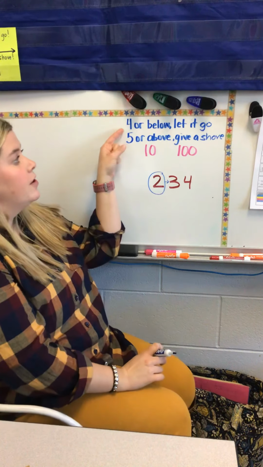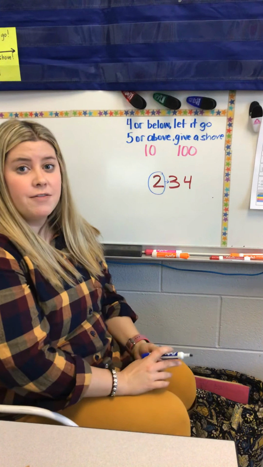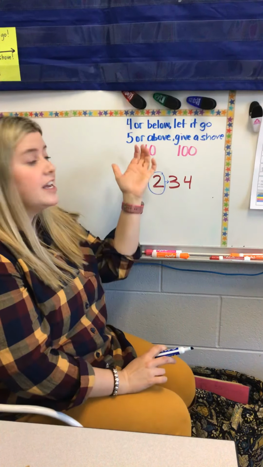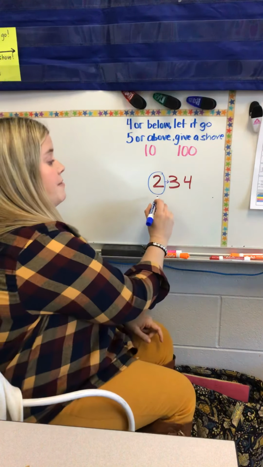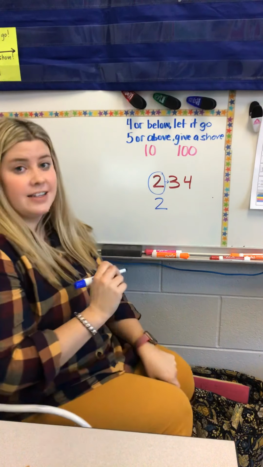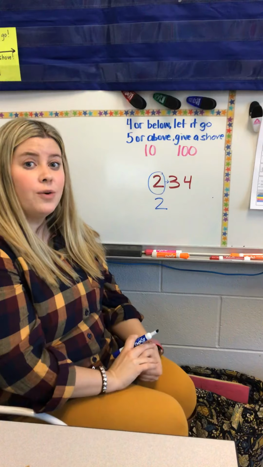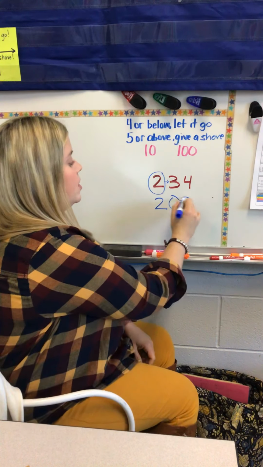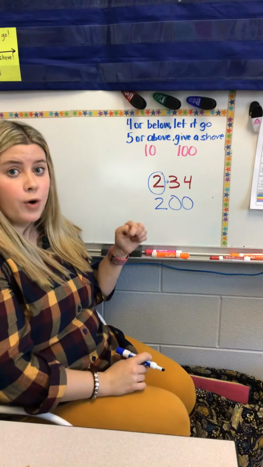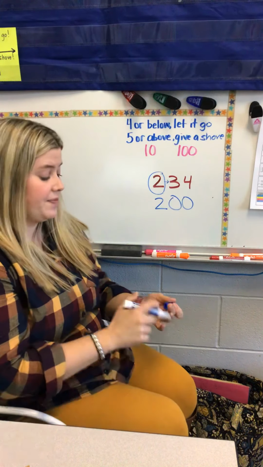What does the 3 tell me to do? 4 or below, let it go. 5 or above, give it a shove. Well, a 3 is below 4, so I'm just gonna let that 2 go. I'm not gonna change it at all. It's gonna stay a 2. And what happens to anything after my circle? Right, it becomes a 0. So 234 rounded to the nearest 100 is 200.